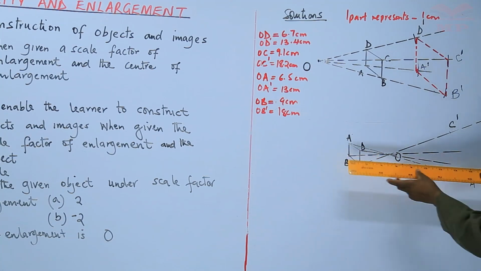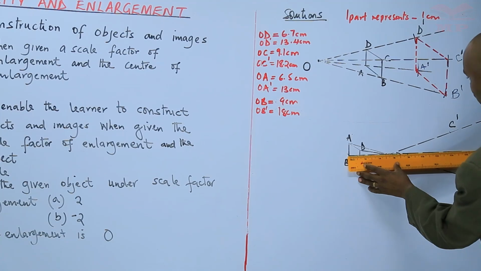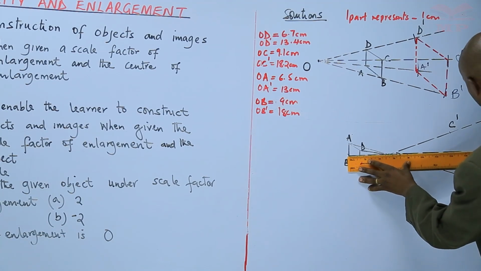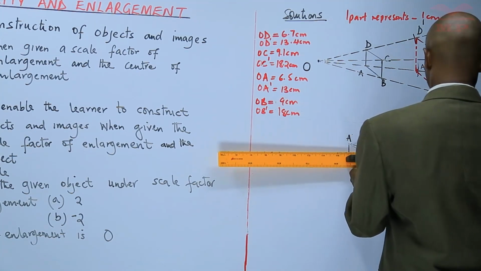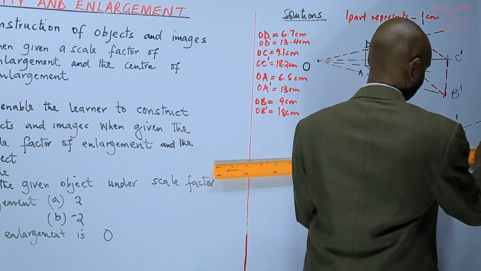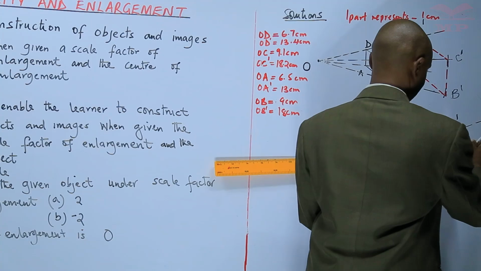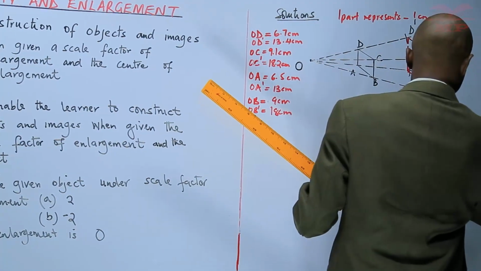We come to B. B to the center of enlargement is 5.5. So from the center of enlargement, B prime will be 11. So that is B prime.